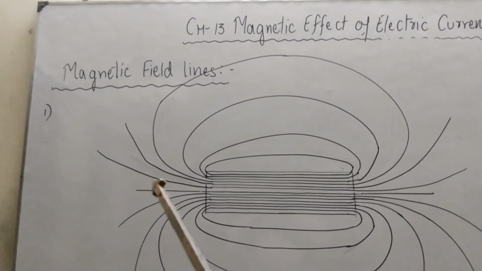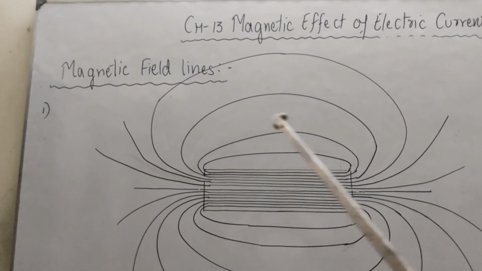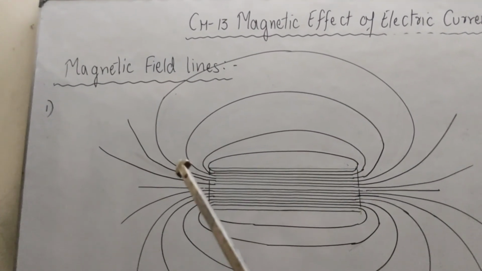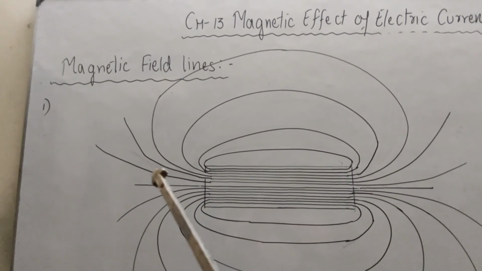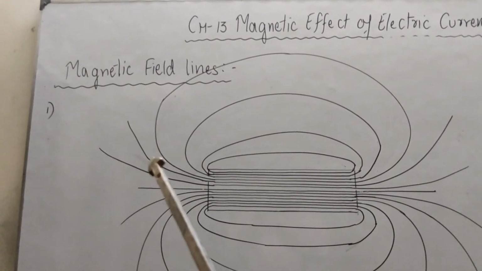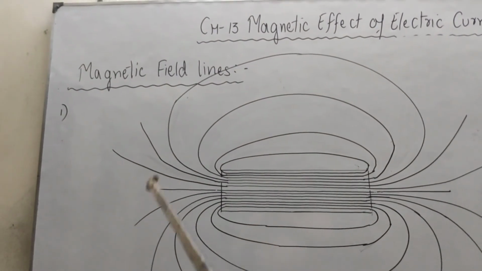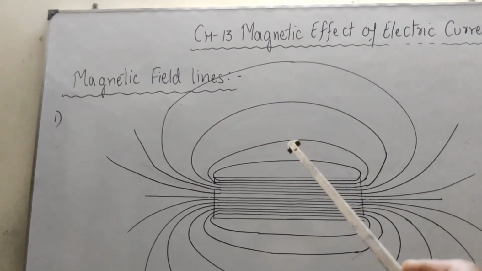So when we look at two different areas around the bar magnet, by looking at the relative spacing between the magnetic field lines, we can compare the magnetic field strength at two different places. Wherever the lines are crowded, field is stronger. Wherever they are further apart, field is weaker.